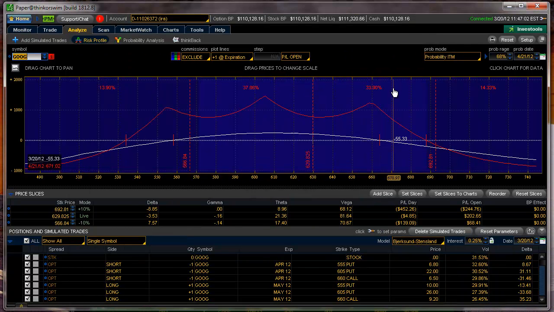What I wanted to point out here also is that this trade is currently up about $200, or when I calculated this out, it was up $222.